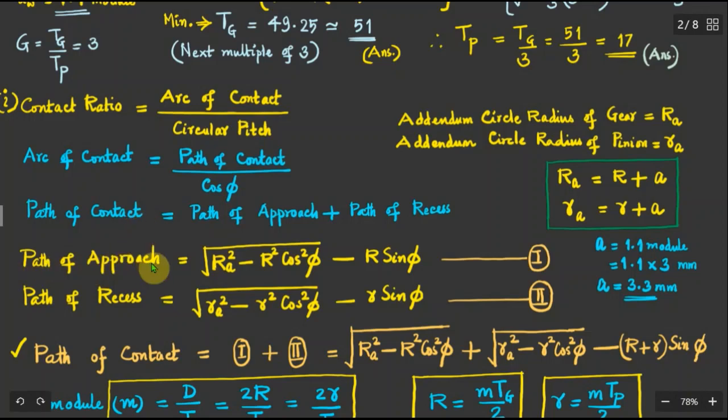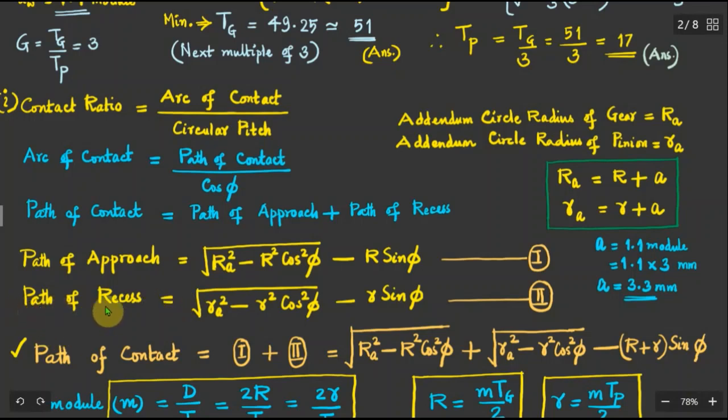And path of approach is given by the equation square root of Ra square minus R square cos square phi, minus R sin phi, where capital R suffix A is the addendum circle radius of the gear, and capital R is the pitch circle radius of the gear.